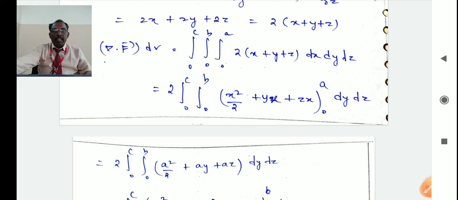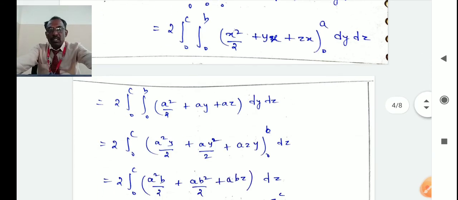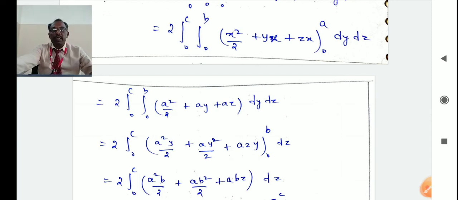So now we take the integration of a squared by 2 plus ay plus az with respect to y. A squared by 2 is a constant, so the integration of the constant becomes a squared by 2 into y plus a into the integration of y, which is y squared by 2, plus az y. Our limit is 0 to b. Now here y equal to b, we get a squared b by 2 plus a b squared by 2 plus abz.